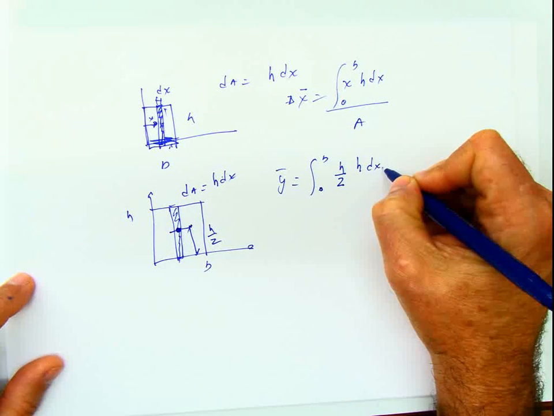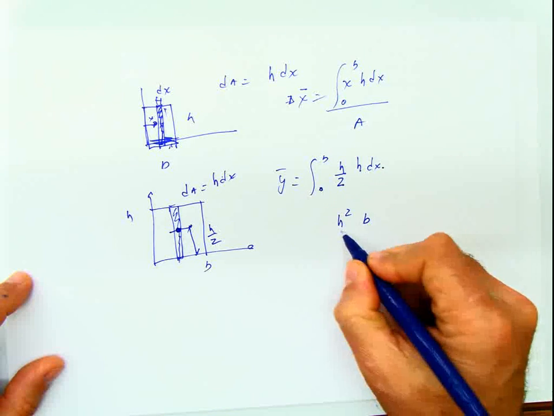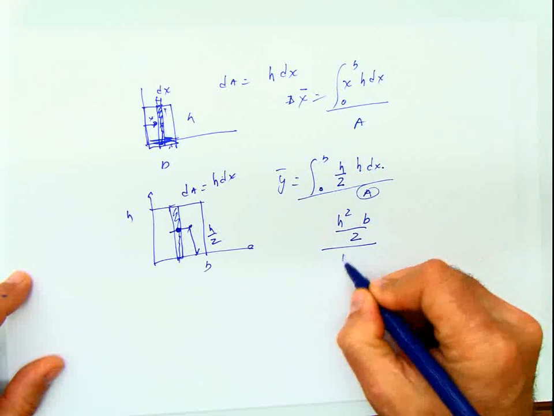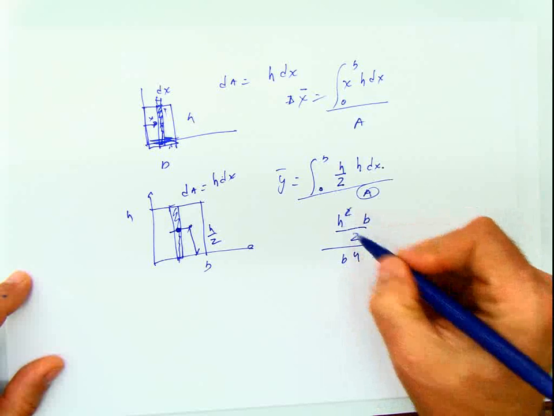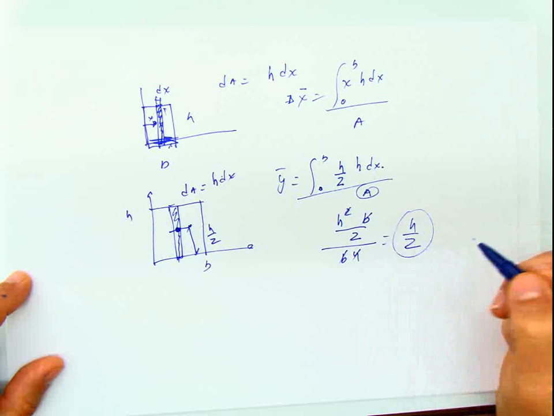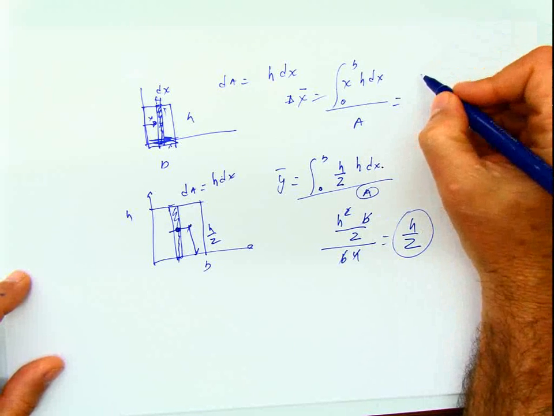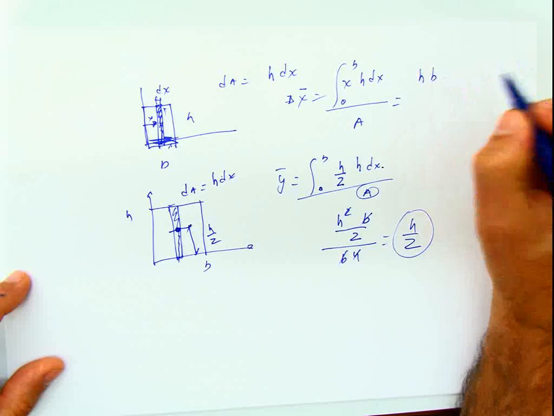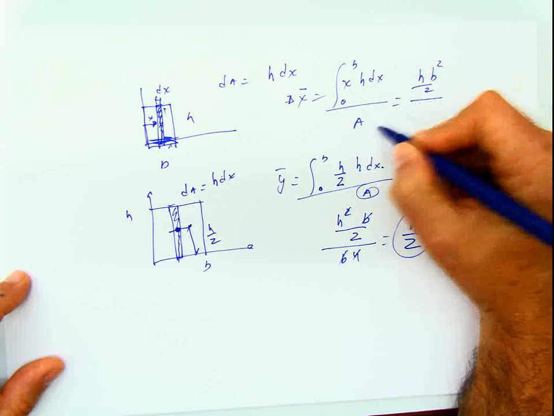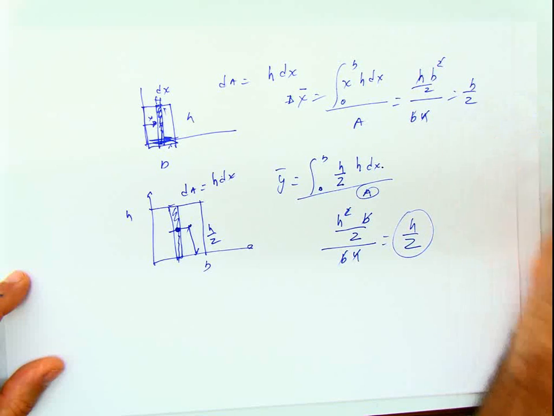When you solve this, it's going to be h squared b divided by 2, divided by the area, and the area is bh, so this h and this h cancel out, and this is going to be h divided by 2. In this case, I didn't finish it, but it's the same: h times b squared divided by 2 divided by bh. This and this cancel out, and this is b divided by 2.